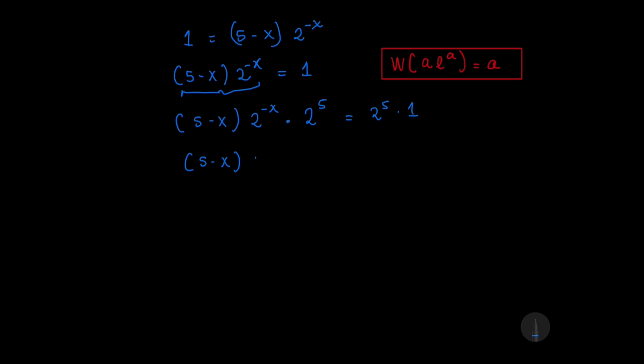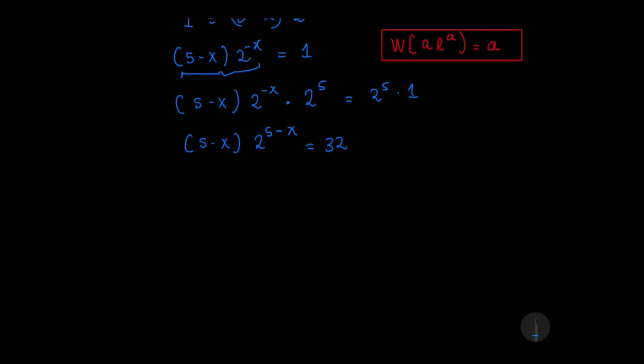So we'll have 2 to the power 5 minus x, because we are multiplying 2 to the power x and 2 to the power 5, where the bases are the same. We keep the base and add the exponents. 2 to the power 5 multiplied by 1 is just 32.